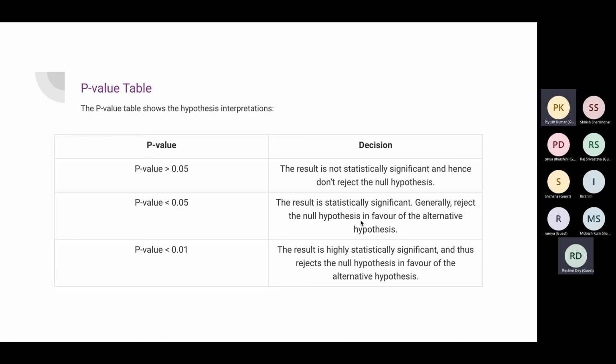Generally, we reject the null hypothesis, and our test result is in favor of the alternative hypothesis. A p-value less than 1% means the result is highly statistically significant, and thus we reject the null hypothesis.